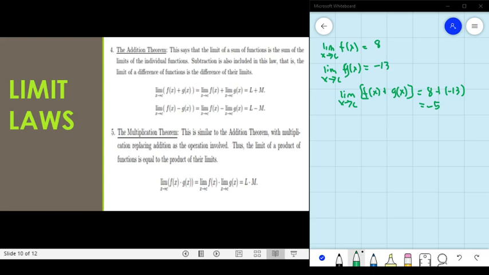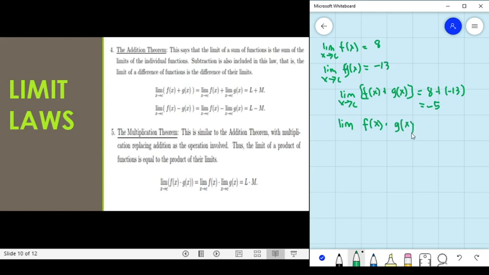So in our example, since the limit of f of x as x approaches c is 8 and the limit of g of x as x approaches c is negative 13, so ang ato ra buhaton is to find the limit of f of x times g of x as x approaches c.